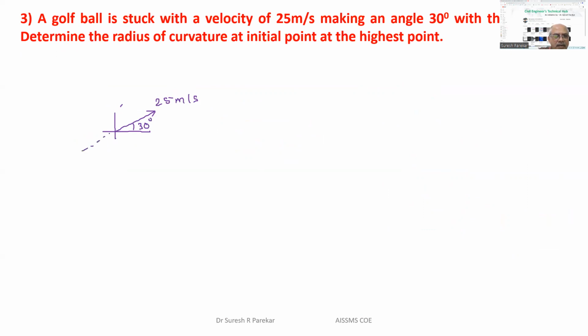So again, this will be the tangential axis, perpendicular to this we have the normal axis, and the total acceleration in this is g. Now this angle is 30, this is 60, this is 30. So g makes 30 degrees with the normal. So we will get an is g cos 30, and at is g sin 30.